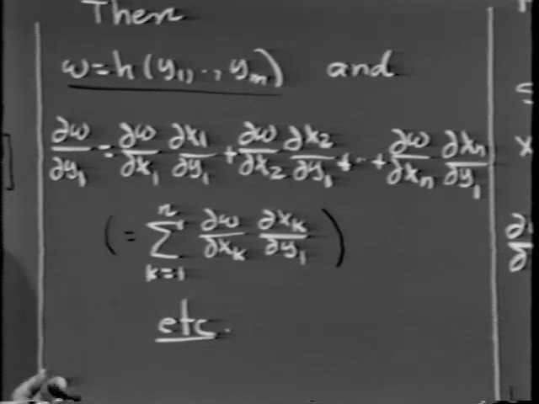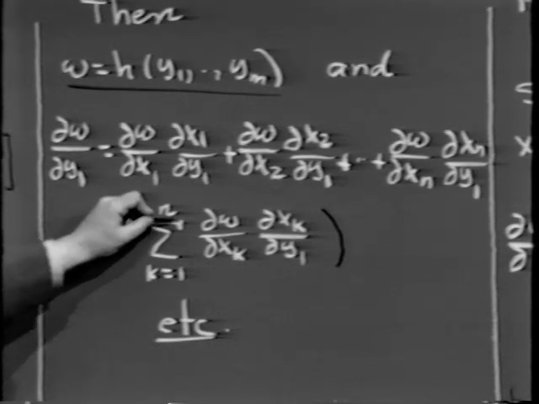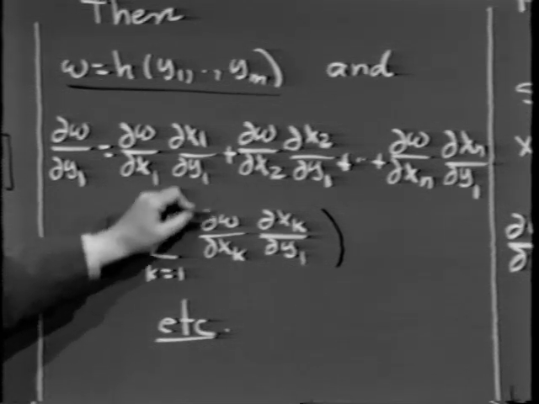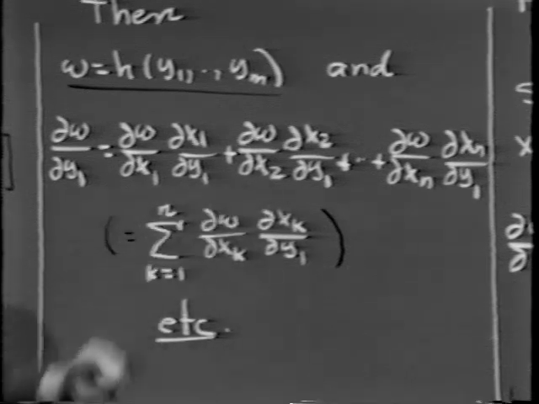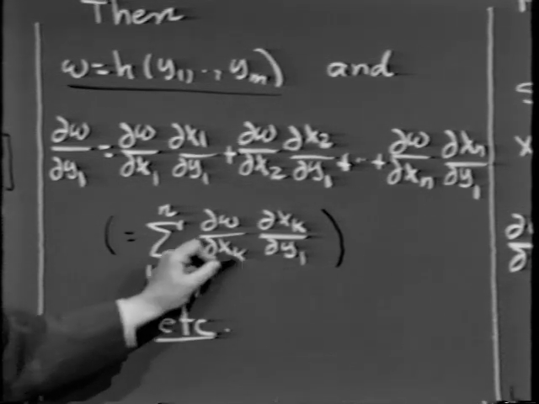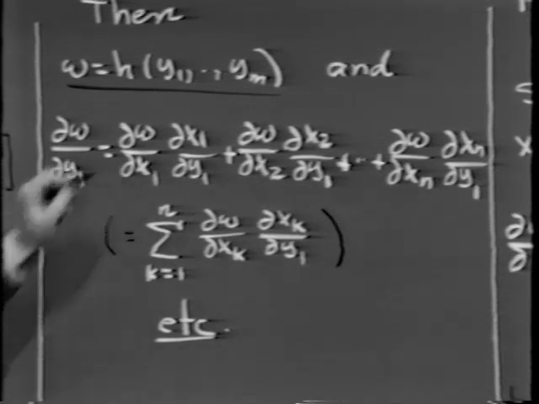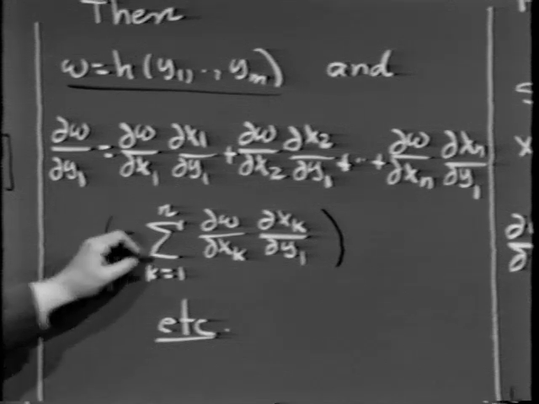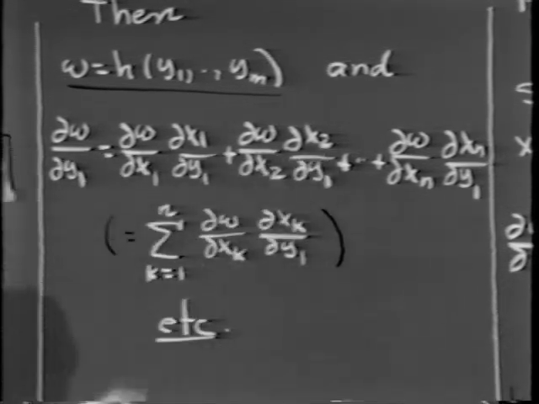And that's precisely where the sigma notation comes in handy. Why don't we just write, therefore, that this is the sum of the partial of w with respect to x sub k times the partial of x sub k with respect to y1 as the subscript k ranges through all integral values from 1 to n. In other words, notice that in this particular form, we have simply rewritten this thing compactly.